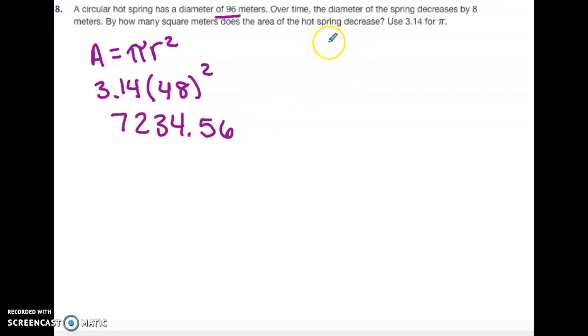Now we want the new. So same pi r squared. So it tells us the diameter of the spring decreased by 8 meters. So 96 minus 8 is 88, but this is the diameter.